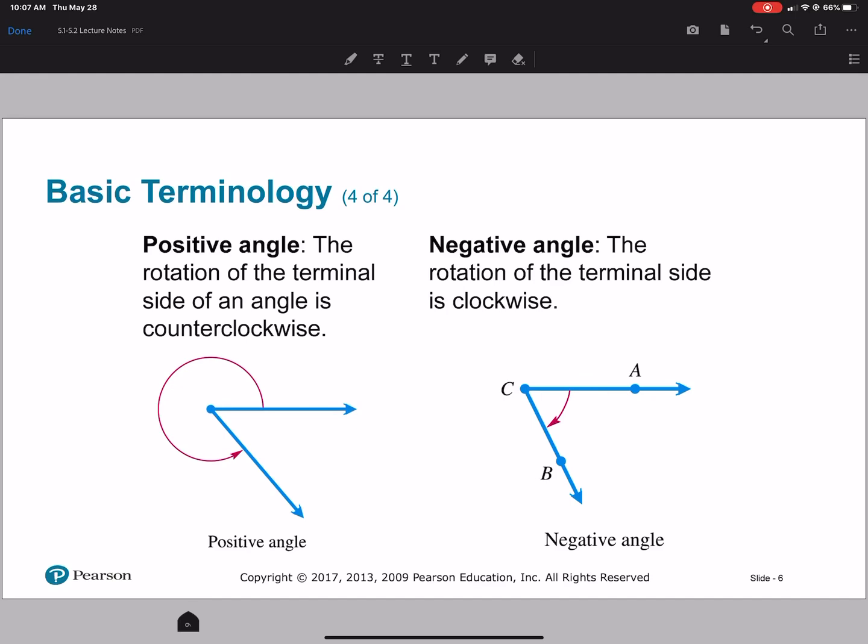To get a negative angle, you have to go clockwise from your initial side. So your initial side rotated to get to your terminal side counterclockwise is a positive angle, and rotated clockwise is a negative value. For positive it's counterclockwise, for negative it's clockwise.